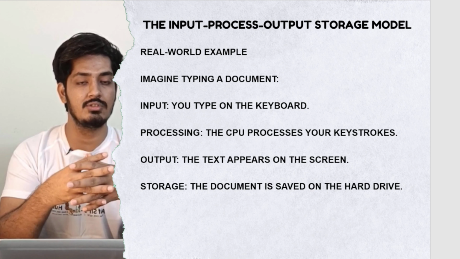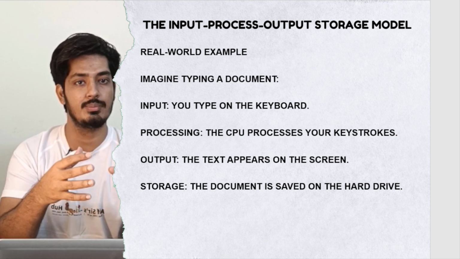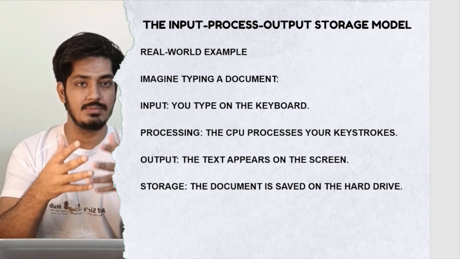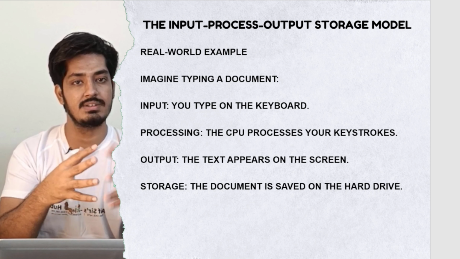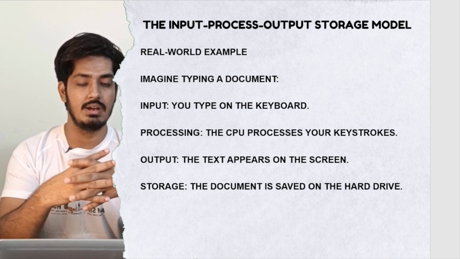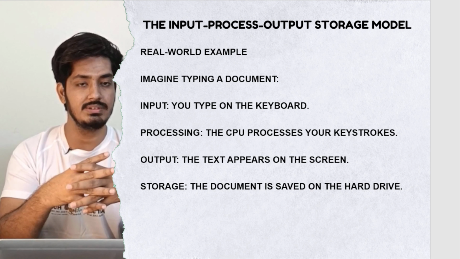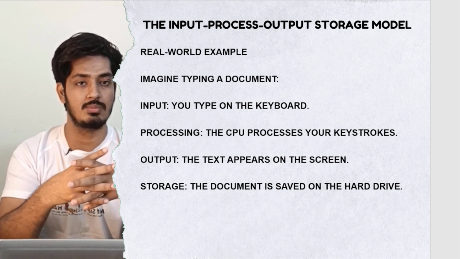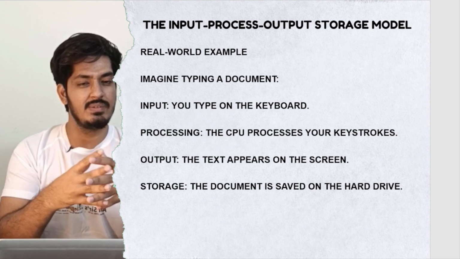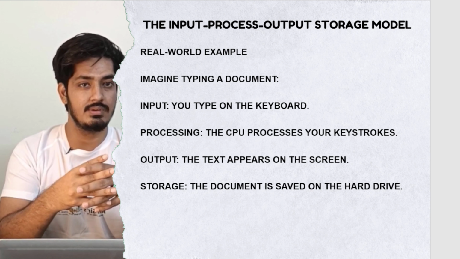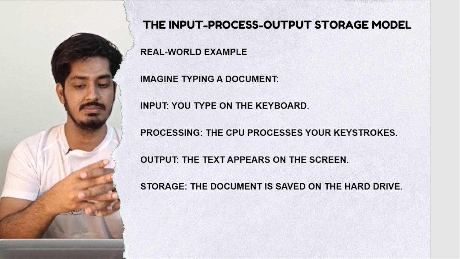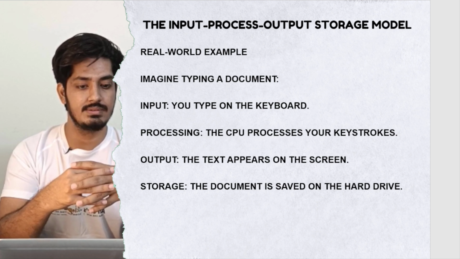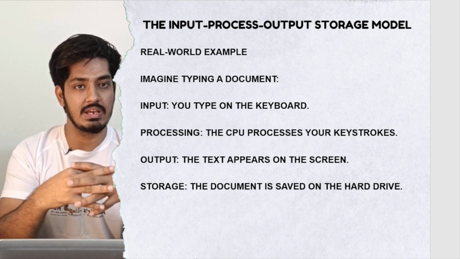In the output section, it shows on the monitor the text that we pressed on the keyboard. And in storage, it saves the file for further use, so we can use the document again in the future. That is an example of the input, process, output and storage model. This is a more efficient and advanced model than the input, process, output model, because the storage section is very important for computing in the real world.